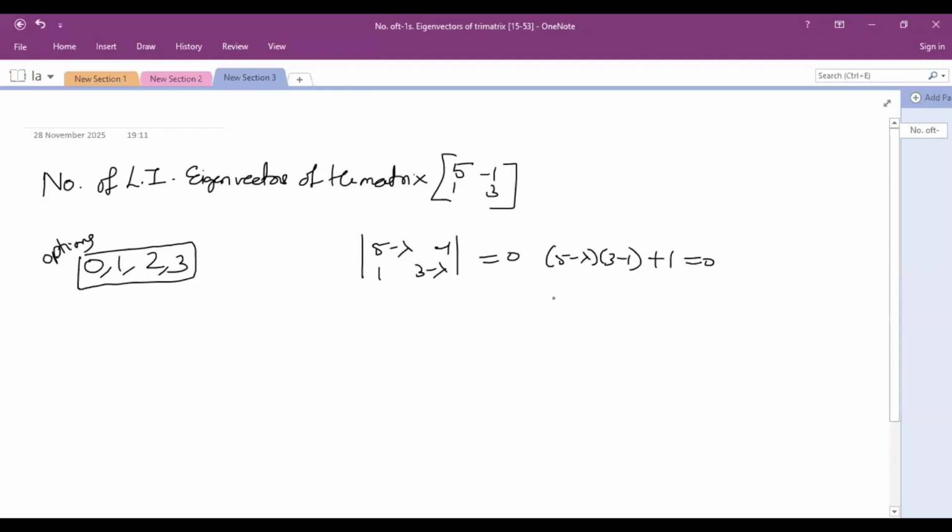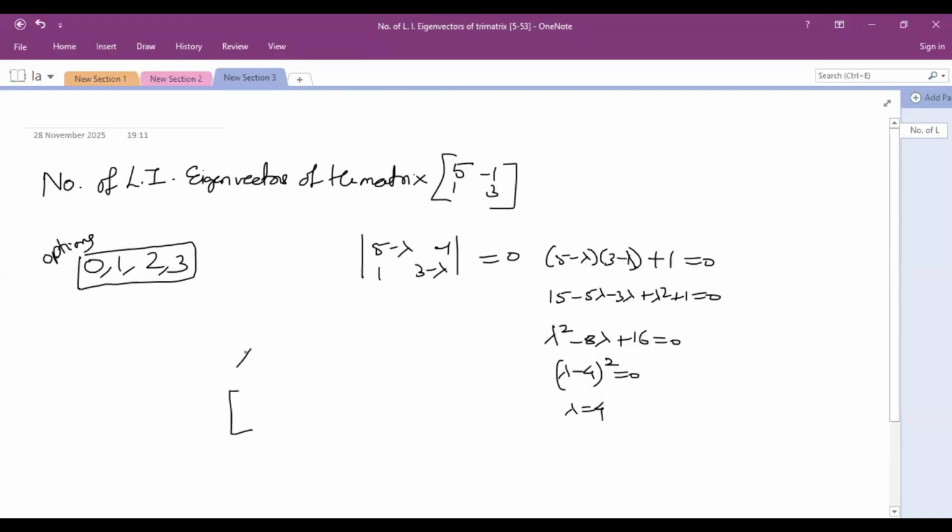So what are the factors in this case? 15 minus 5 lambda minus 3 lambda plus lambda square plus 1 equal to 0, which is lambda square minus 8 lambda plus 16 equal to 0. So that's lambda minus 4 the whole square, and so lambda equals 4.